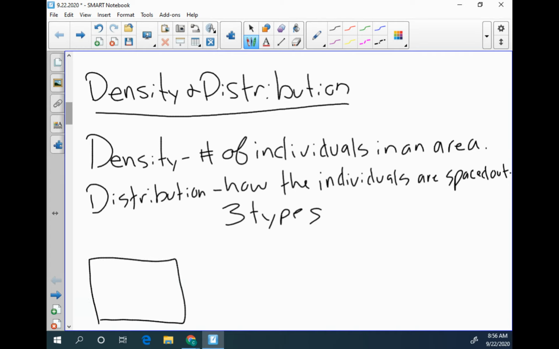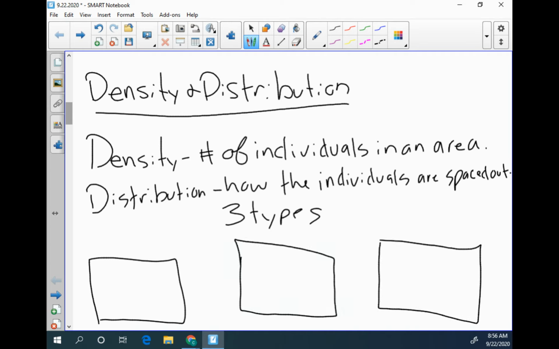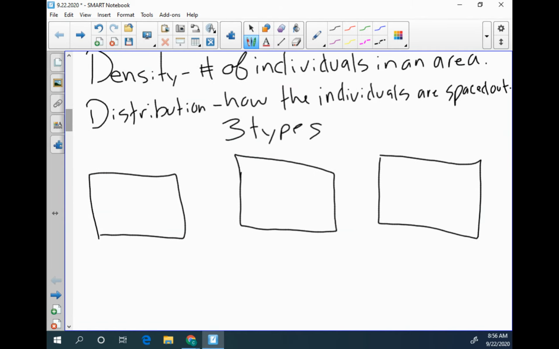So, the three types of distribution are random, clumped, and uniform.